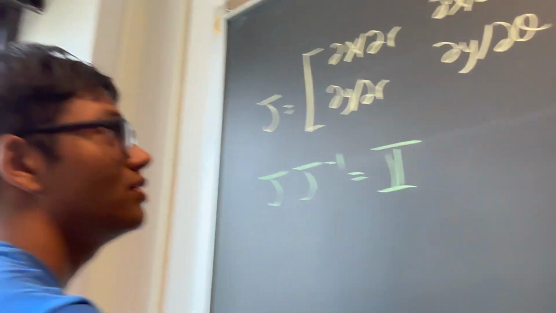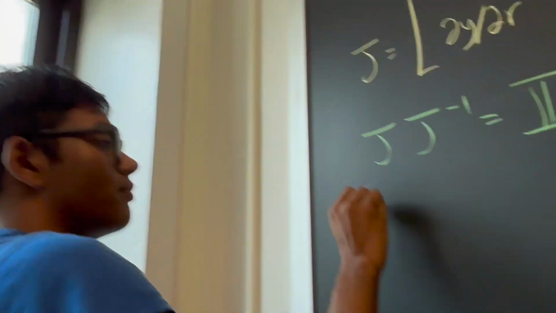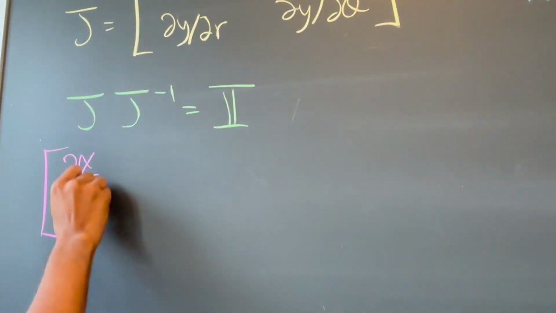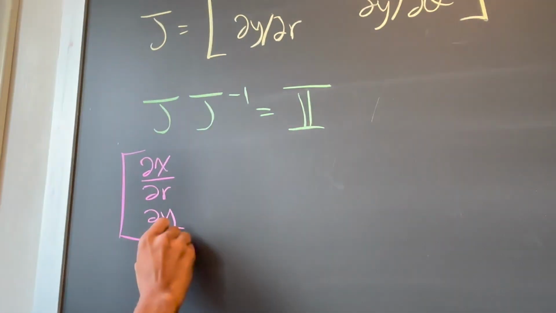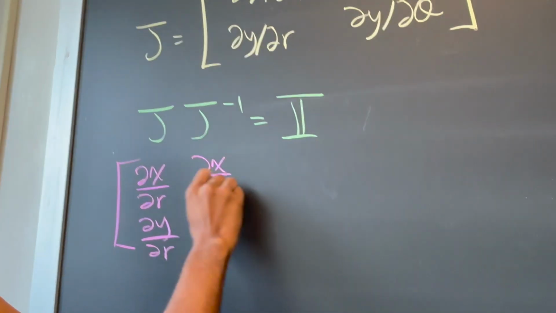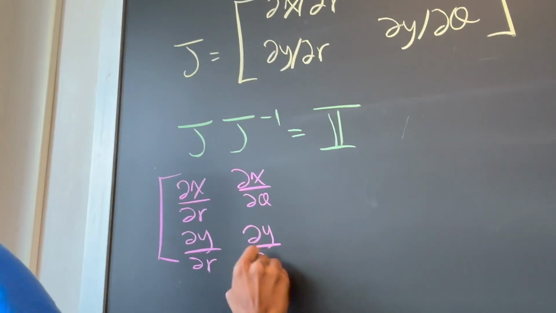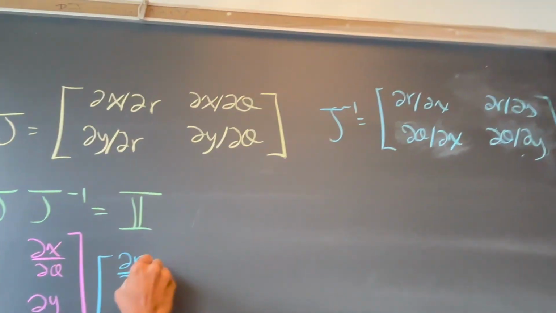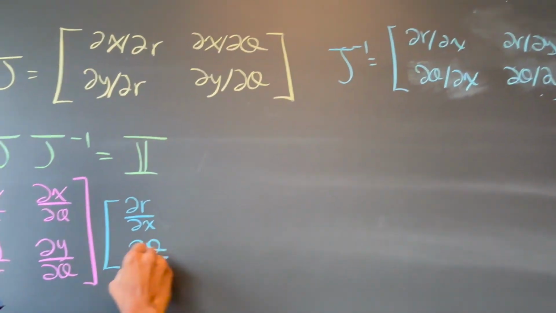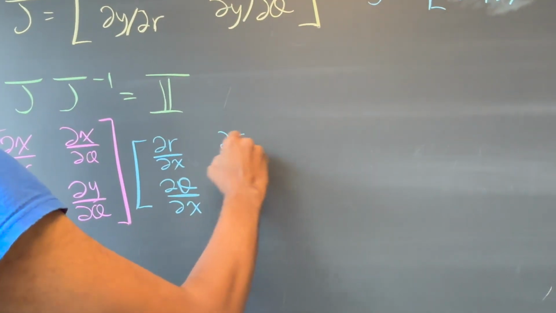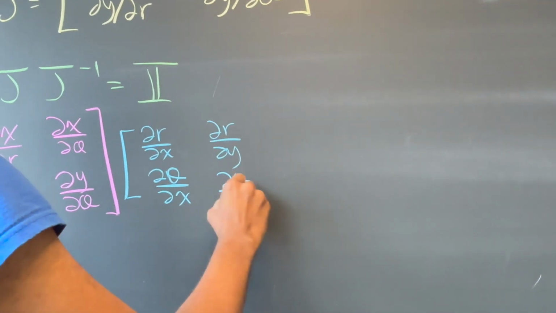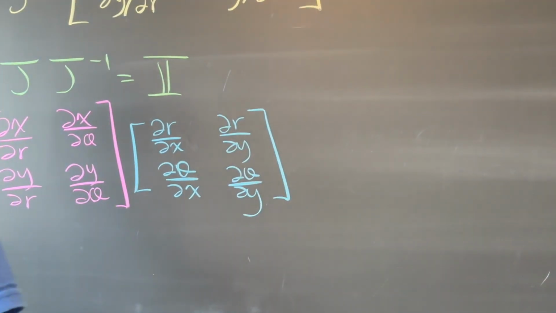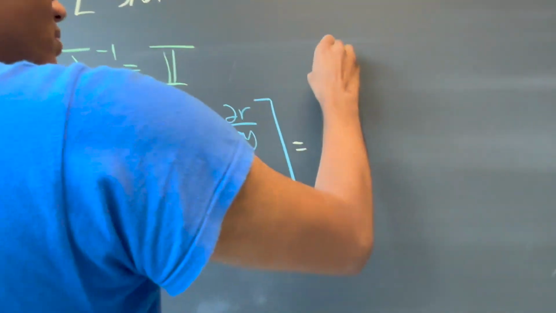So what I'm going to do is multiply the Jacobian, partial x, partial r, partial x, partial theta, partial y, partial r, partial y, partial theta, by the inverse, partial r, partial x, partial theta, partial x, partial r, partial y, partial theta, partial y. All right, let's go ahead and multiply these two together. Let's see what we get.